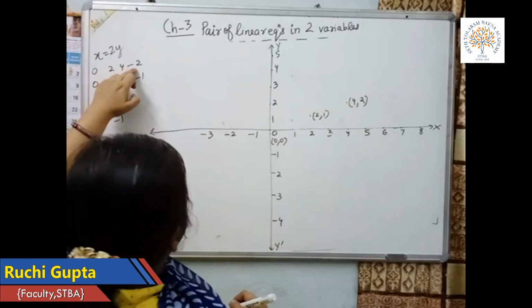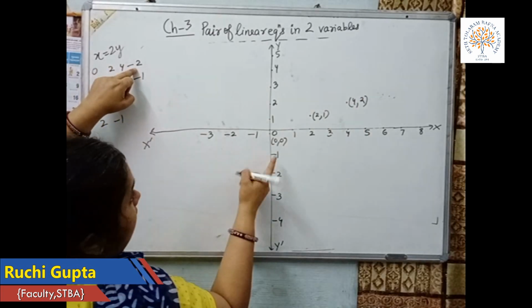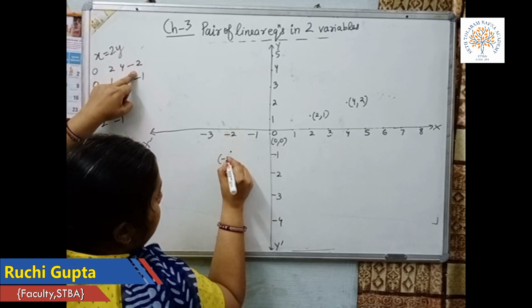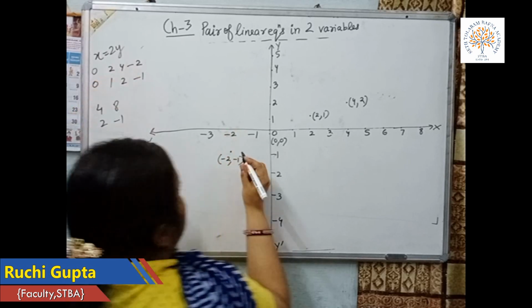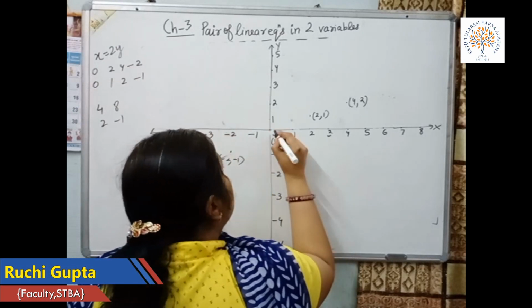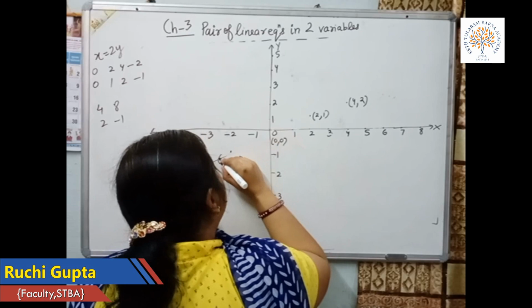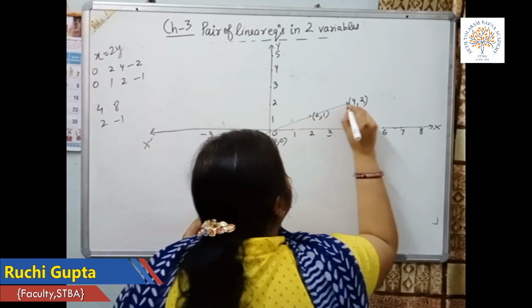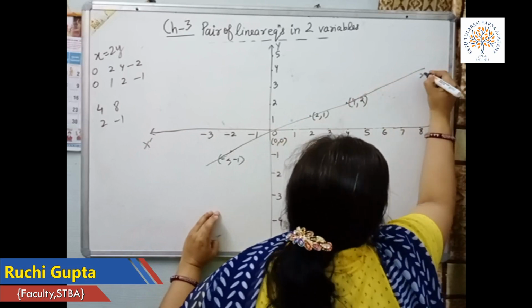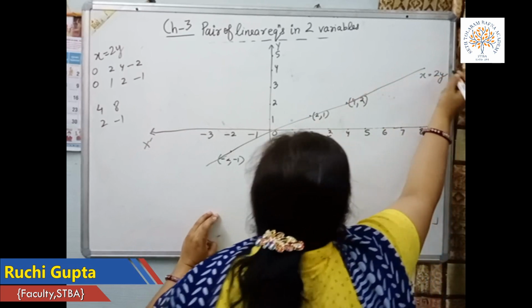And the fourth point is x is minus 2 and y is minus 1. So our graph goes like this. It is x is equal to 2y.